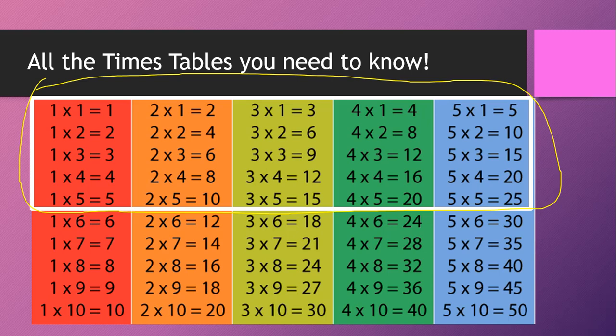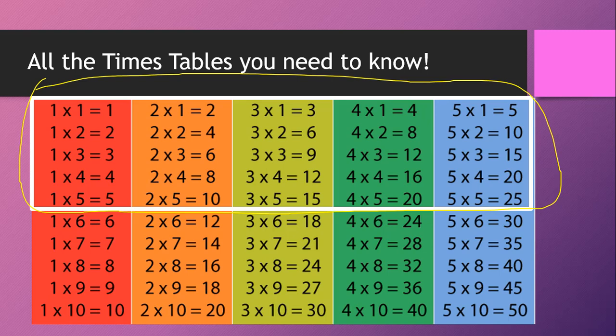So if you're a little bit shaky, I know that some of them, as we get higher up, like 4 times 8, are a bit tricky. I still struggle with the 7 times table, but it's tough. It's a tough times table. So we are going to focus on just those ones.